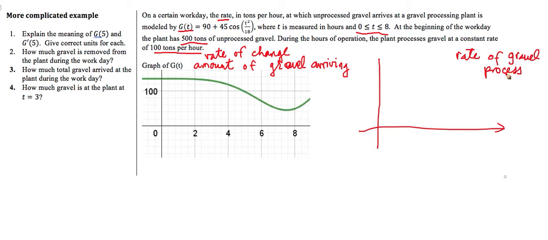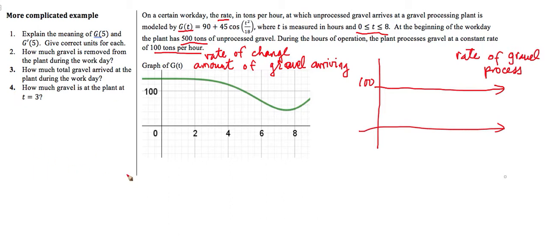The rate of gravel that's being processed would be exactly 100 tons per hour the entire time. Okay? This rate that's incoming changes a little bit as time goes on. Okay. So number one, explain the meaning of G of 5 and the meaning of G prime of 5.